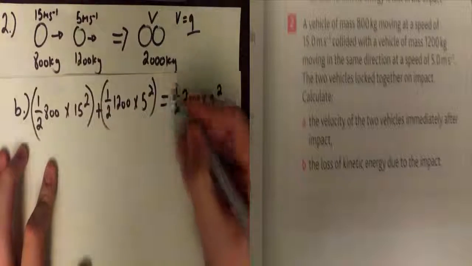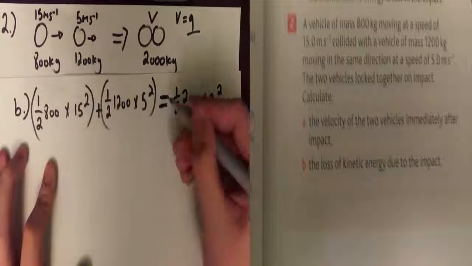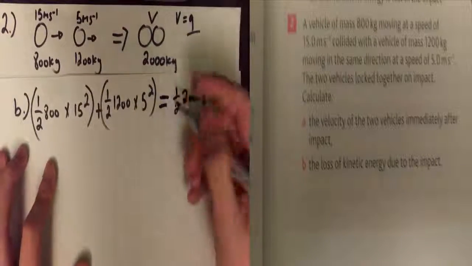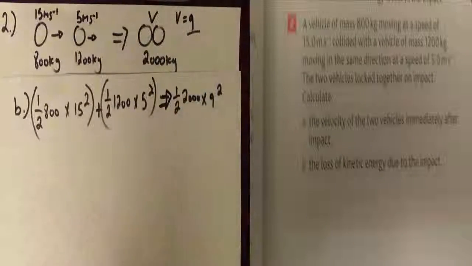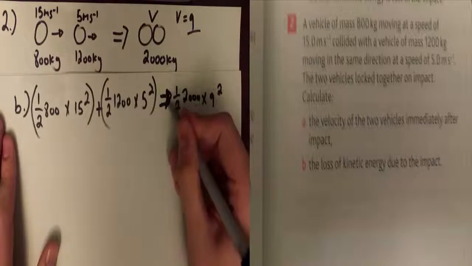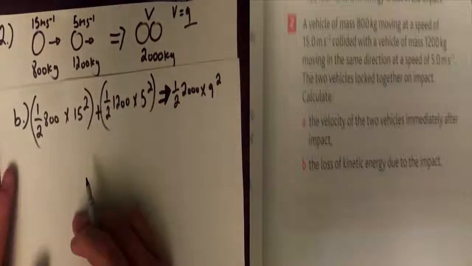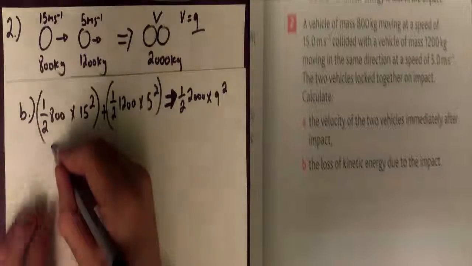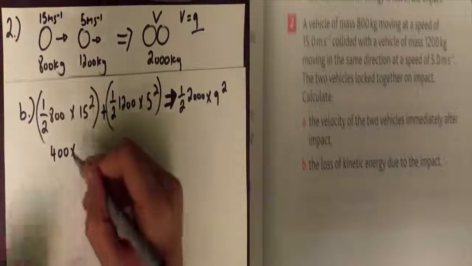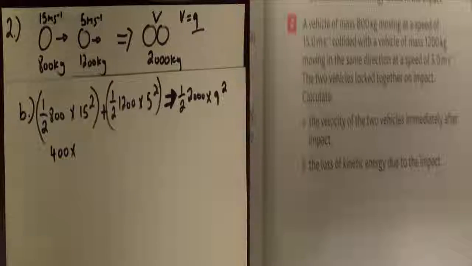Now I shouldn't really use the equal sign because they may not be equal, so let's put an arrow instead. We can't always assume that it will be conserved unless it's an elastic collision, which we will find out after this calculation.